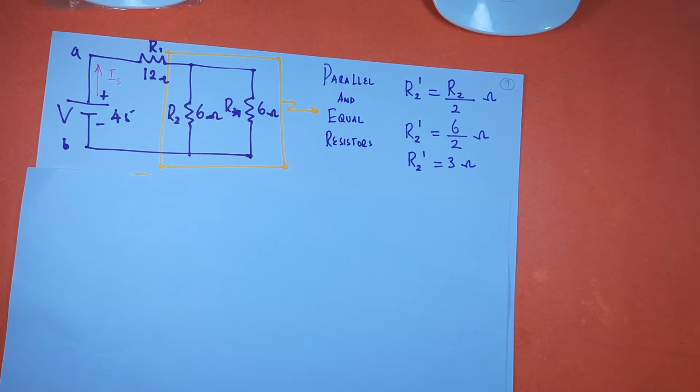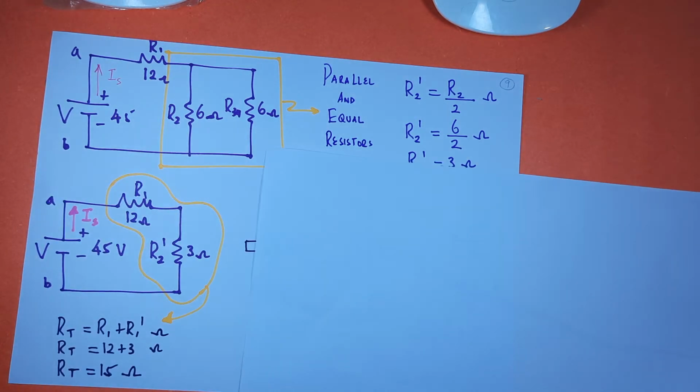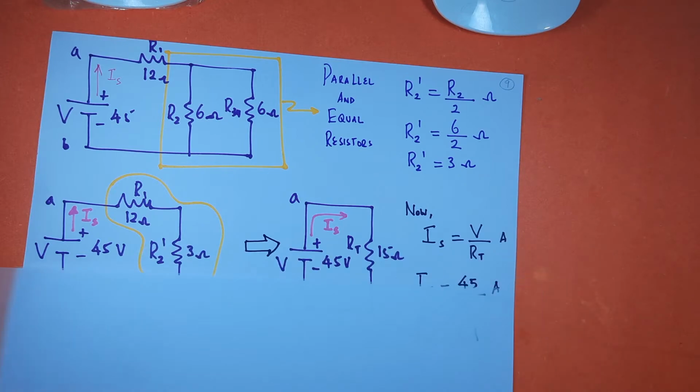R2 dash equal to 6 divided by 2 ohm. R2 dash equal to 3 ohm. So your circuit becomes like this. So we have R1 in series with R2 dash, which is 3 ohm. Okay. So now you can combine these two, which is nothing but the total resistance or equivalent resistance. So RT, the total resistance, equal to R1 plus R2 dash ohm, RT equal to 12 plus 3 ohm, RT equal to 15 ohm. So your circuit becomes like this.